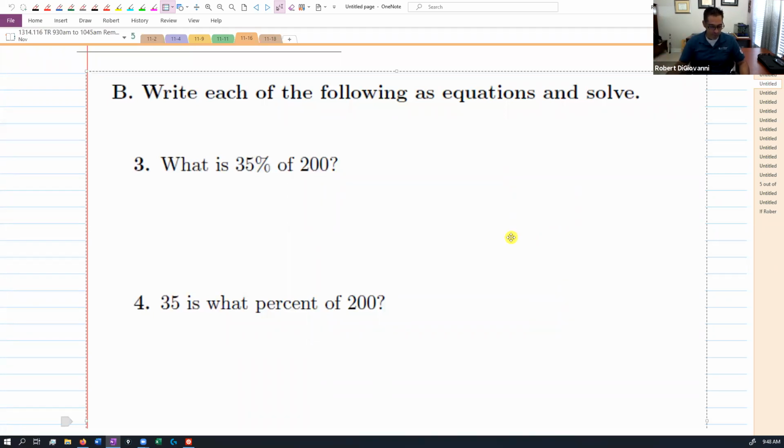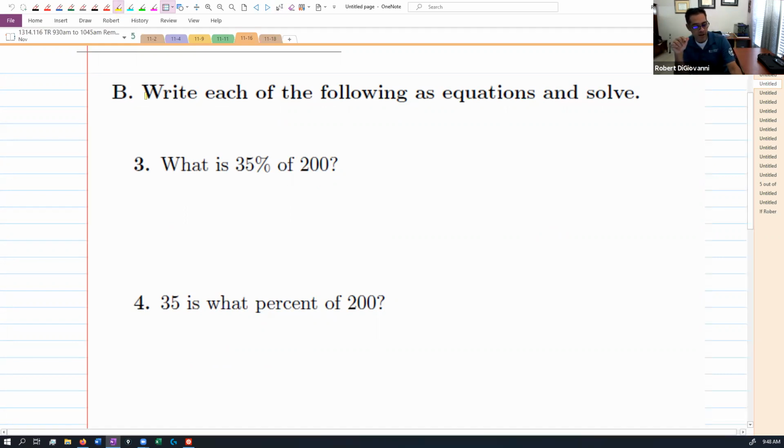So these are just little statements, and we want to be able to read the statement and create an equation to solve. Let's look at this first one. Look at the instructions, because on the final, people get points taken off because they don't do this part. Write each of the following as equations.